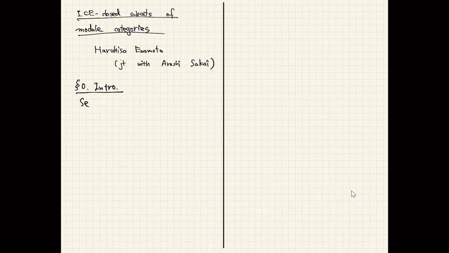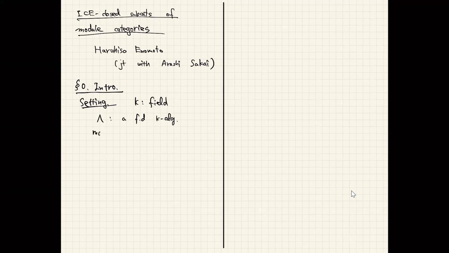Throughout this talk, we will use the following setting. K is a fixed field, and lambda always denotes a finite dimensional K-algebra. An algebra is possibly non-commutative, but is a finite dimensional K-vector space.